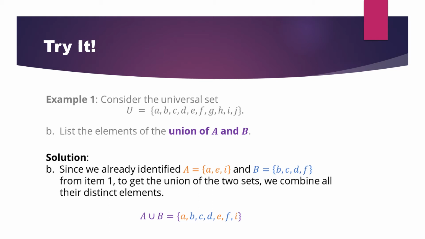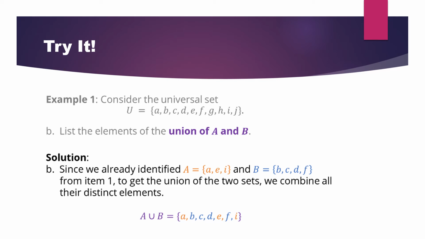Next, list the elements of the union of A and B. Since we already identified set A is equal to A, E, I, and B is equal to B, C, D, F from item 1, to get the union of two sets, we combine all their distinct elements.